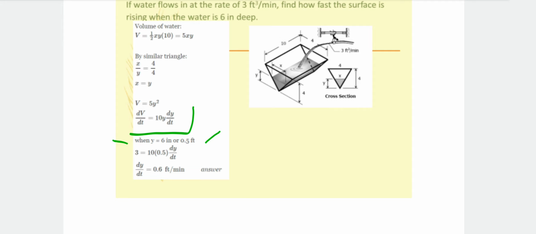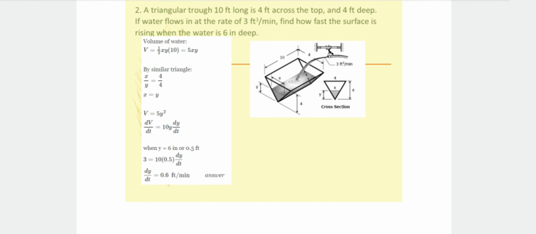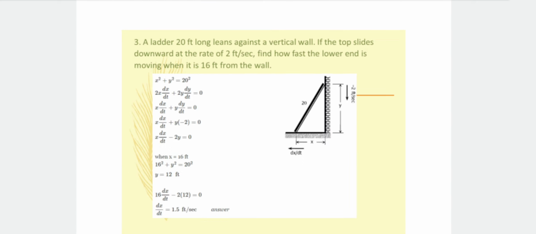Your dV over dt, or your rate, is 3 feet. Substituting, 24 times 10 is equal to 10 times 0.5 times dy over dt. So we can get the value of dy over dt, and that is your final answer.